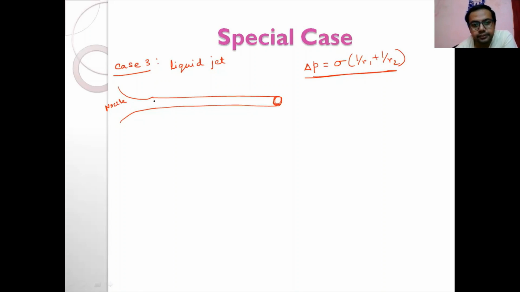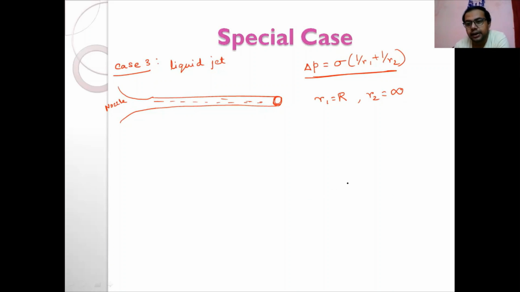So here there is a liquid jet. For the jet surface, there is only one-sided curvature. So R1 is equal to R, the radius of the jet, and R2, if you see from the other side, is infinite, because if you cut the jet, one curvature is just a straight line.